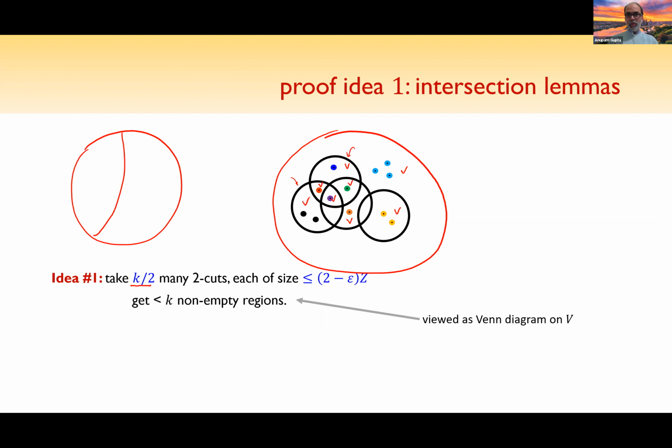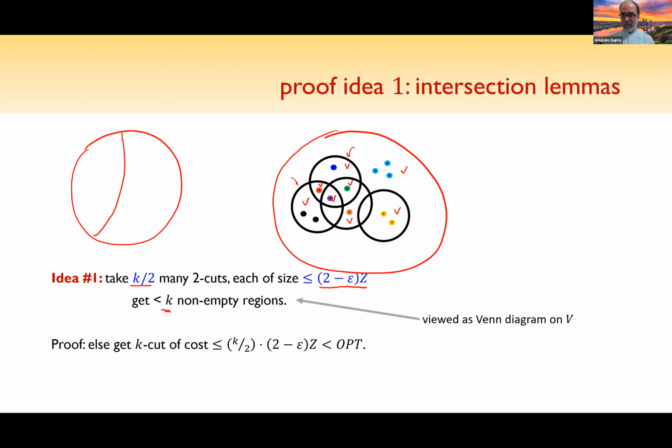If I take these components, those 8 different colored vertices form 8 different components at least, right? So if k over 2 cuts can give me k pieces, this is a k cut. With cost, how much? K over 2 times 2 minus epsilon. Less than k.